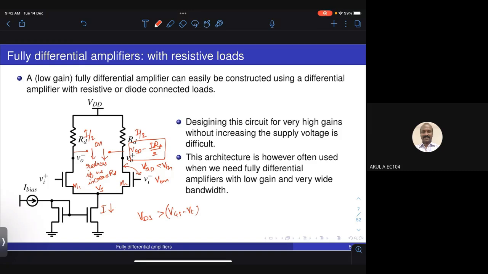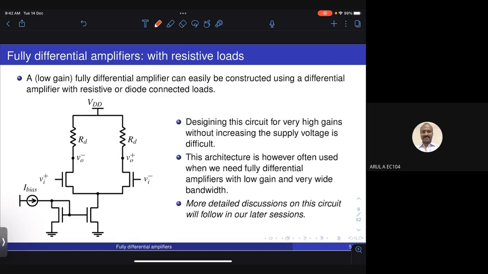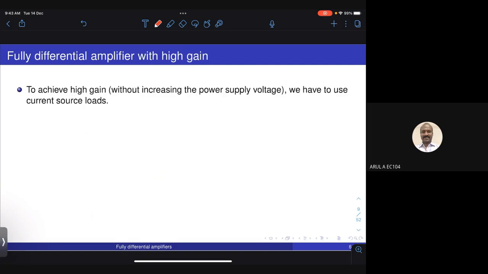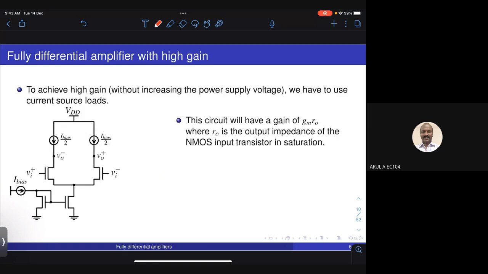So if you want to increase the gain of this simple differential amplifier without using a very large supply voltage, then the only way to do it is to use current source loads. Instead of putting a resistor RD in as the load, if I somehow put a current source of I by 2, where this is I bias, then what will be the gain of this amplifier?